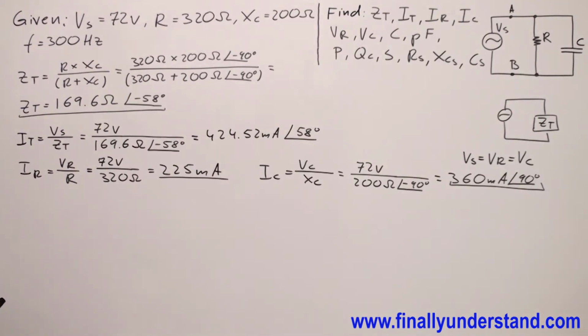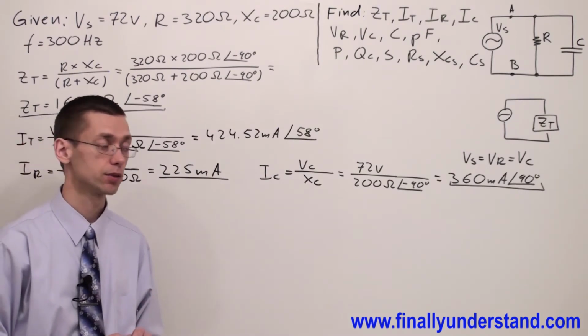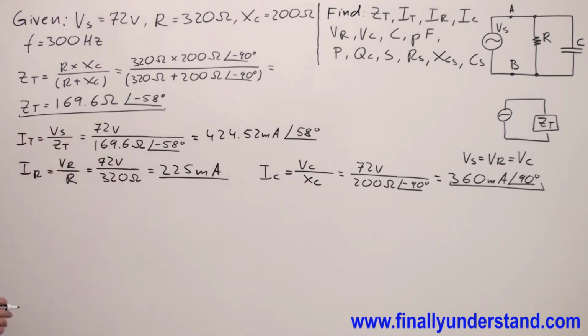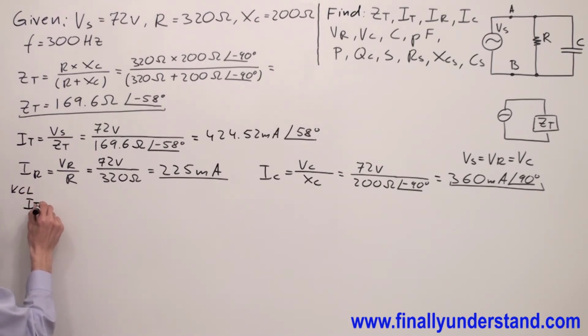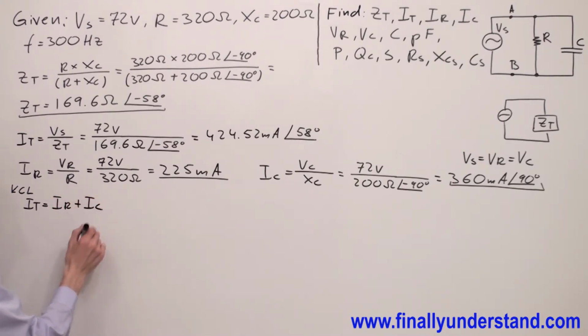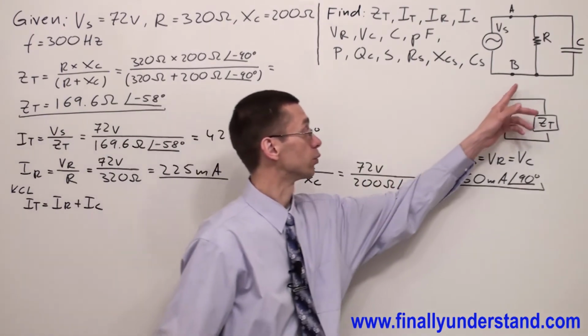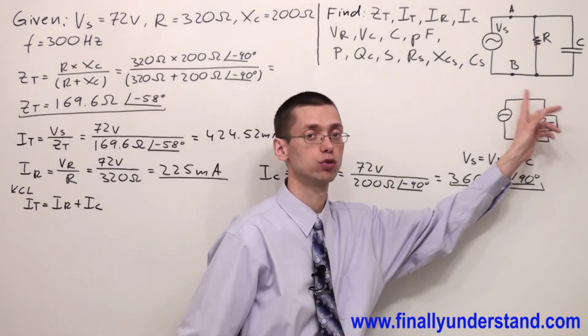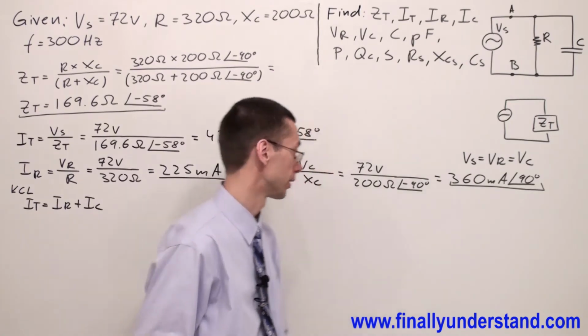Next, what am I supposed to do? Someone is going to say, okay, we can find the voltages, but I always check my answers. Because I have already found the total current, I'm going to find the total current one more time using KCL, Kirchhoff's current law. I total is equal to IR plus IC, the sum of the currents which go through the resistor and through the capacitor is supposed to give me the total current.